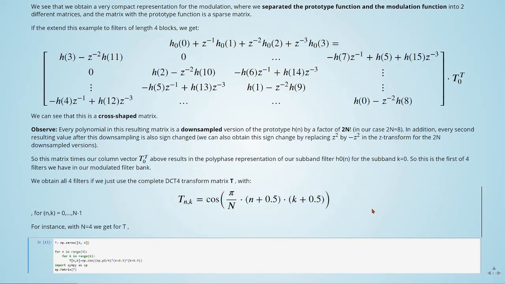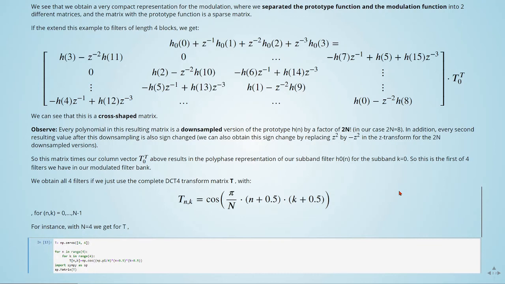So this matrix times our column vector T0 transposed above results in the polyphase representation of our subband filter H0 for the subband k equals 0. So this is the first of the 4 filters we have in our modulated filter bank.